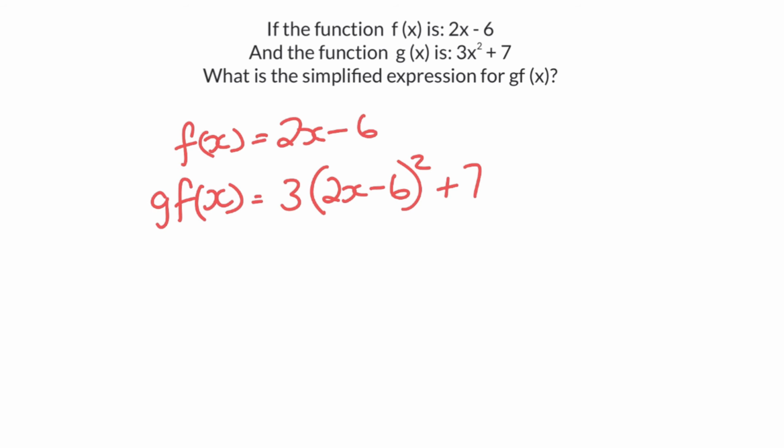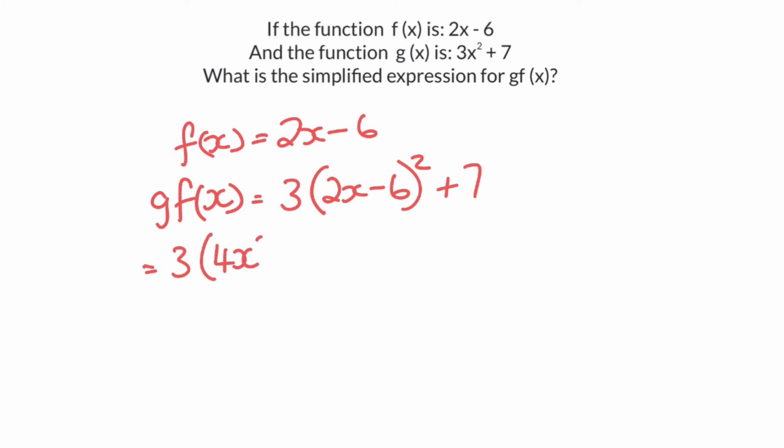So the x goes through the f function first, so it's been times by 2 and had 6 taken away, and then it's going through the g function. So we replace the x in the g function with the f function. So to simplify that out, we've got 3 times, and then let's expand those brackets.